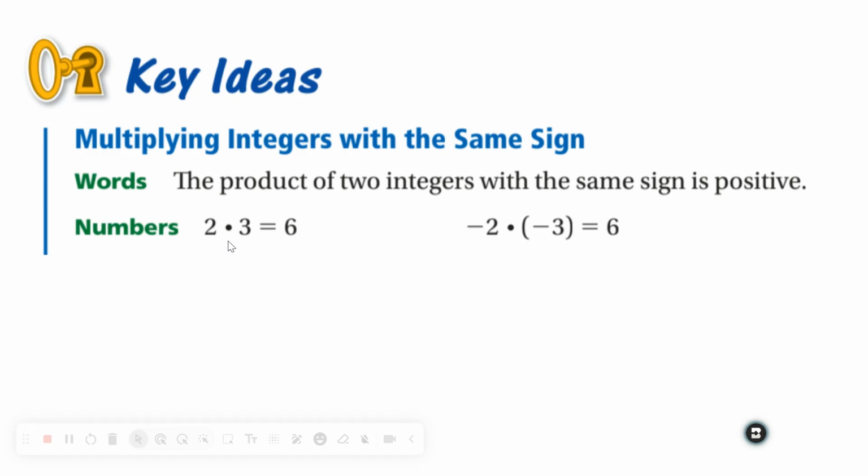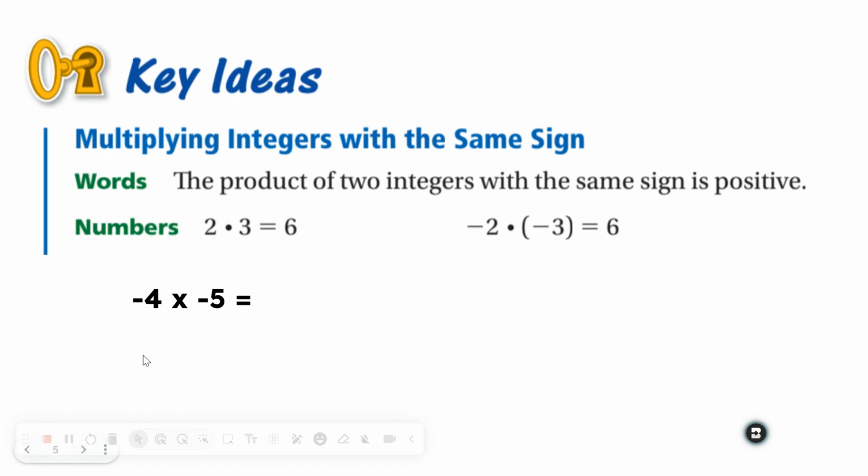So if I'm doing 2 times 3, normal math, we get 6. If I'm doing -2 times -3, that is also 6.